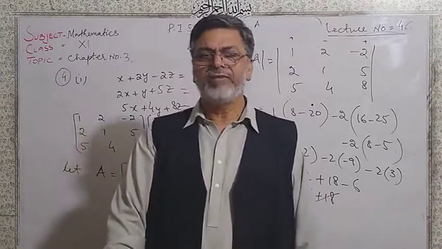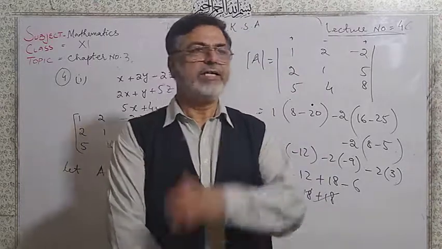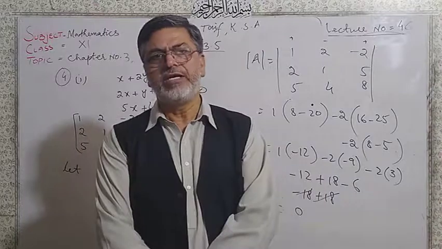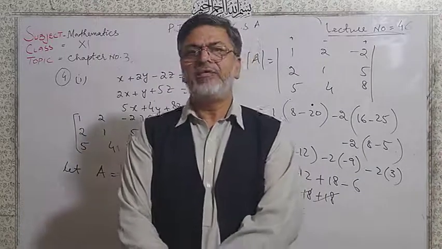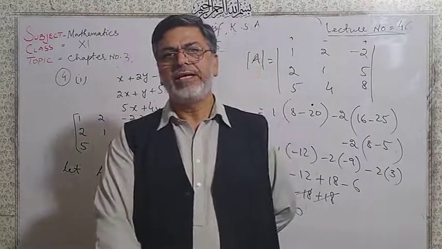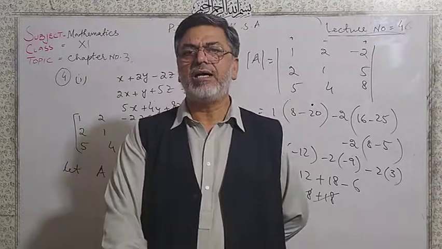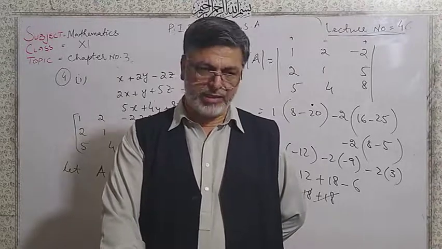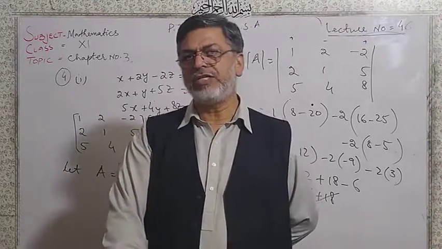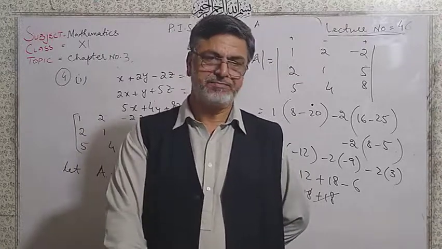Remember that whenever the determinant value of a system of linear equations is 0, we will not have the trivial solution. We will have a non-trivial solution. Non-trivial solution means infinitely many solutions.